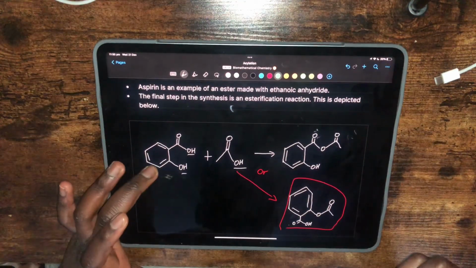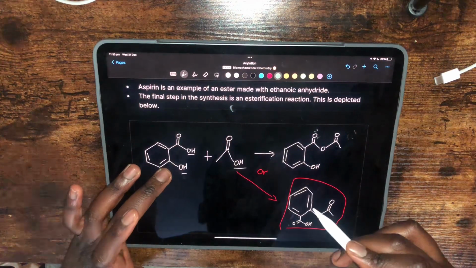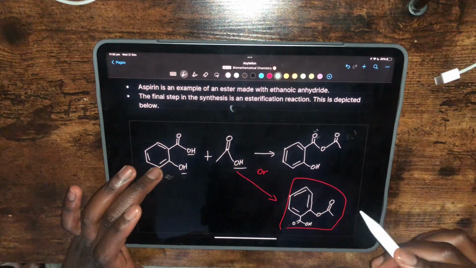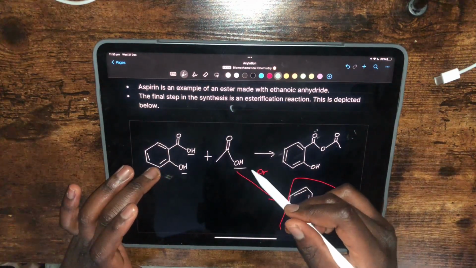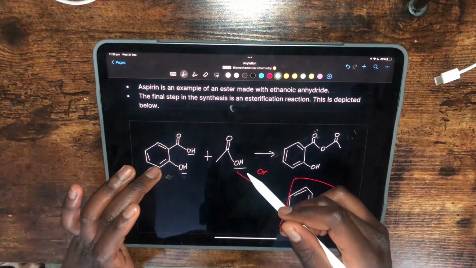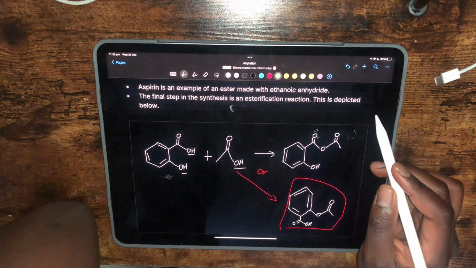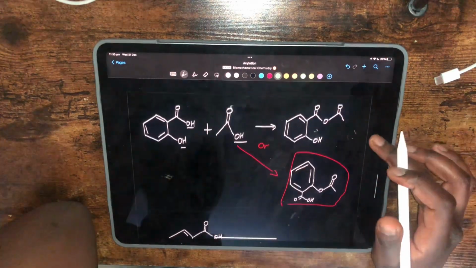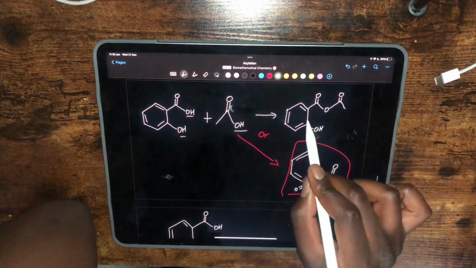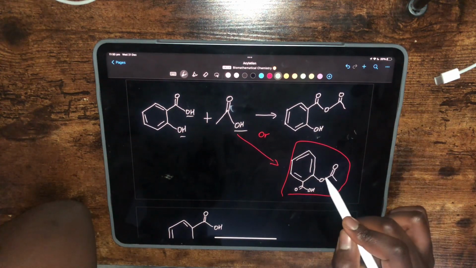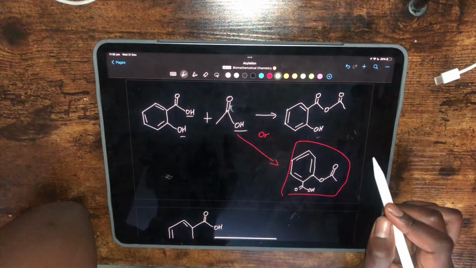You have essentially your carboxylic acid here, and you have your nucleophiles here. And you can form either this or this. These are the two things you can form for your reaction.